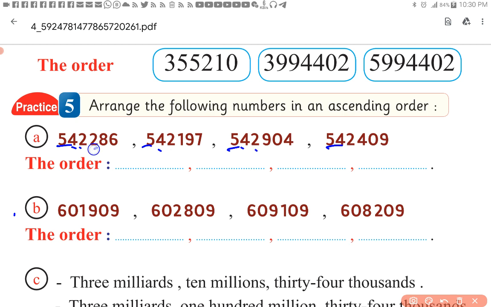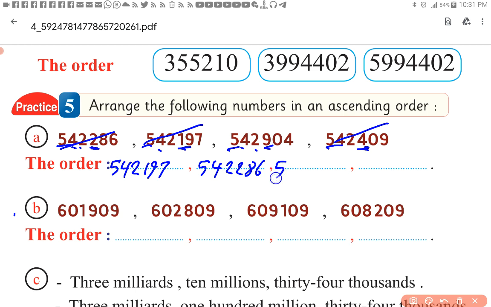After that, here we have 2, and here we have 1, and here we have 9. Here we have 4. Which one is smaller? 1. So you write this number first. The next one, 2. So you write this number. Then we have 4. At last, this number.